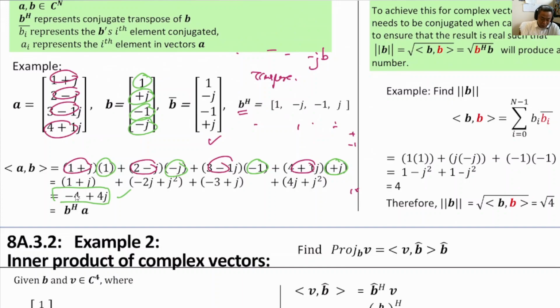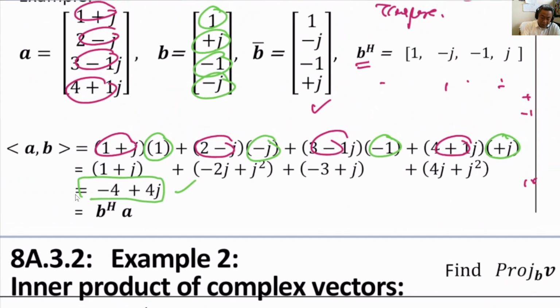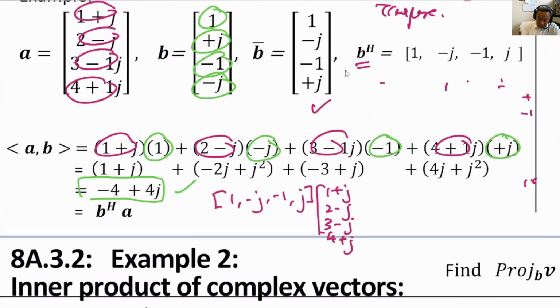You can also do it the other way around. You can write it as B^H A. So B^H is 1, minus j, minus 1, and j. And A is 1 plus j, 2 minus j, 3 minus j, and 4 plus j.